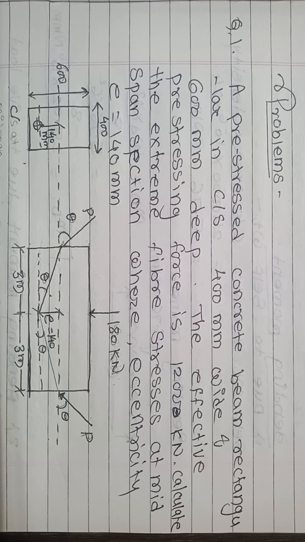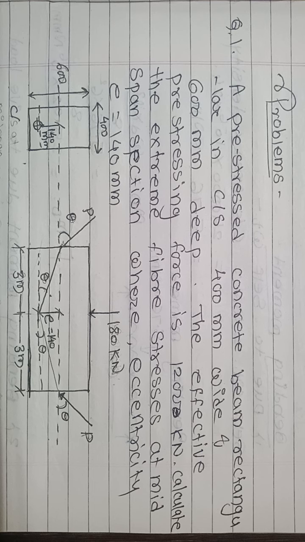In this problem, the cross-sectional area is 400 mm wide and 600 mm deep, meaning the dimensions of the beam are given: B is 400 mm and D is 600 mm. The effective pre-stressing force is also given, 1200 kN. Calculate the extreme fiber stresses at the midspan section, where eccentricity E equals 140 mm.